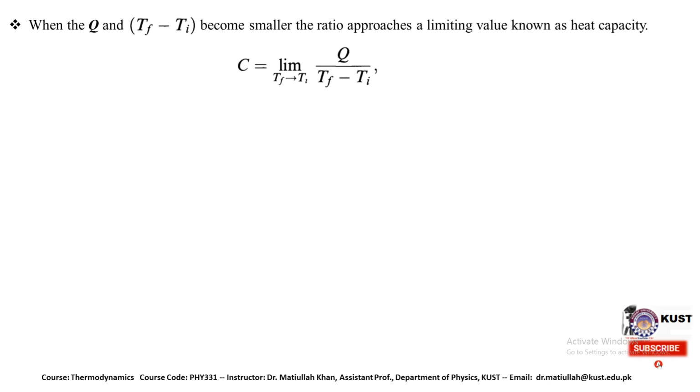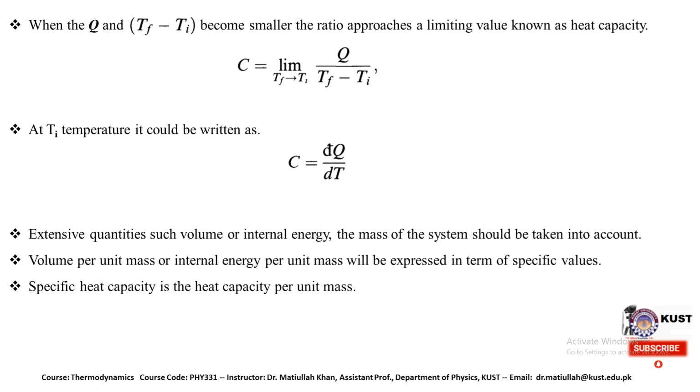So the heat capacity is equal to the limit of Q divided by Tf minus Ti as Tf approaches Ti. At a temperature Ti, the same equation could be written as C equal to dQ divided by dT. The equation is modified if we consider the change in temperature in this case. So this is the heat capacity.